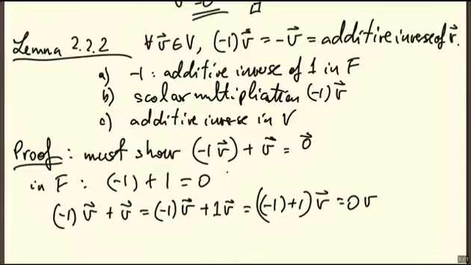And because we already know that in the scalar field we have minus 1 plus 1 is the 0 scalar, and because of the previous theorem, we know that if you have the 0 scalar multiplying a vector V, we get the 0 vector. The proof is complete.